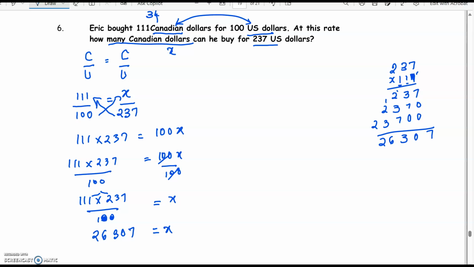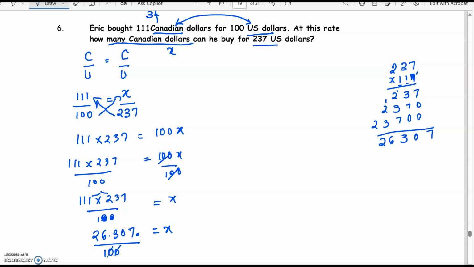26307 equals x. And now we have to divide this by 100 to get the final answer. Remember, x equals 26307 divided by 100. Without the decimal point, if it's a whole number, the decimal point sits at the end.